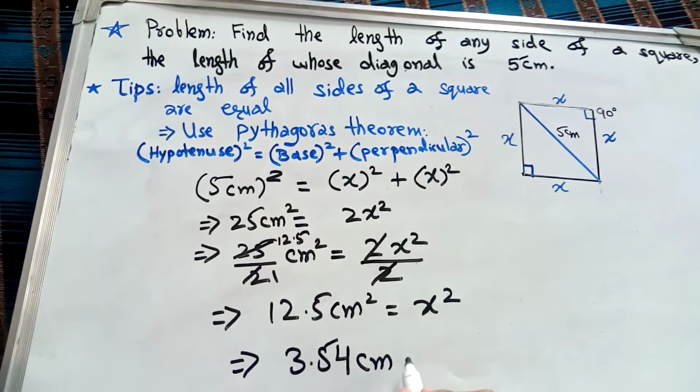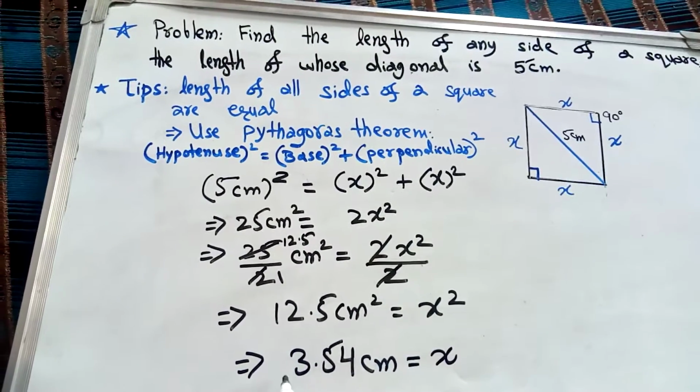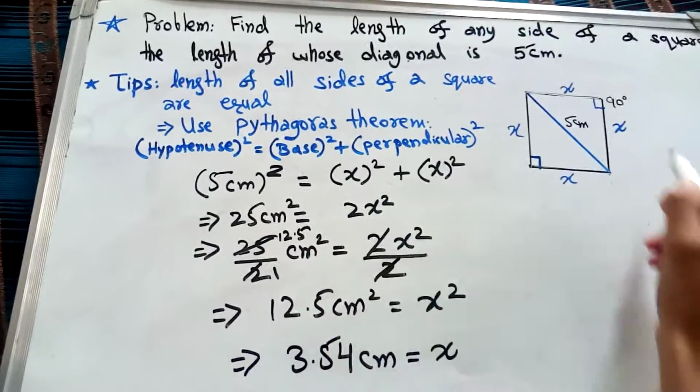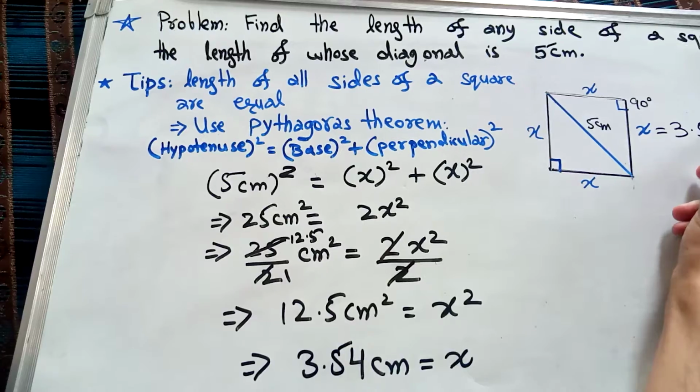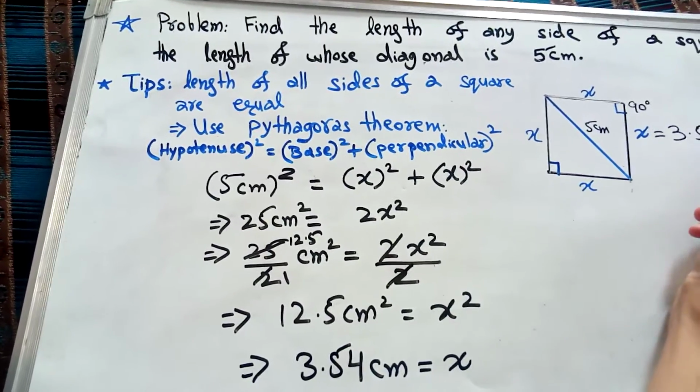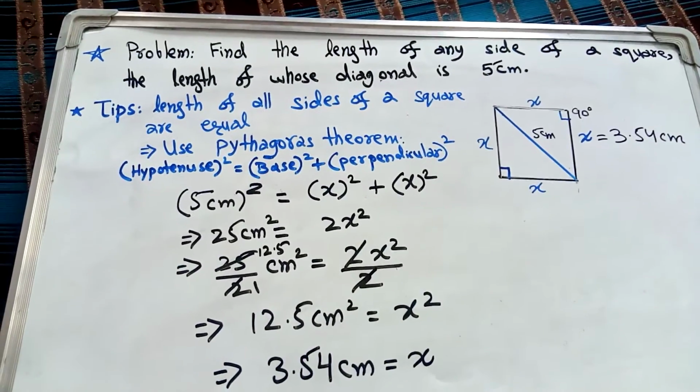So we get x is equal to 3.54 centimeter. So this x for each side is roughly 3.54 centimeter. So here we have the problem solved. Thanks.